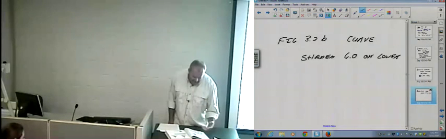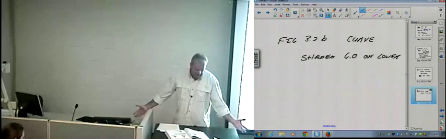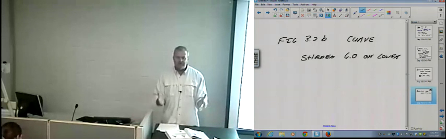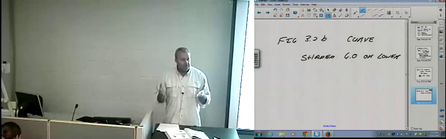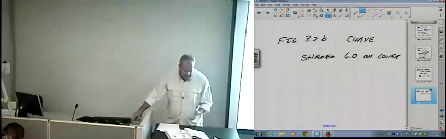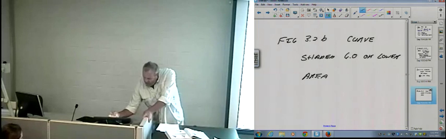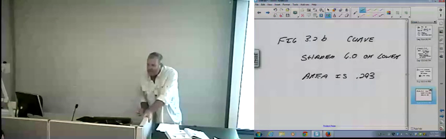The shaded area under the density curve in figure 3.2b represents the proportions of students who scored 6.0 or lower. That's what you shaded. That's what that area represents. It turns out that area is, now I can't show you where they come up with this, 0.293.